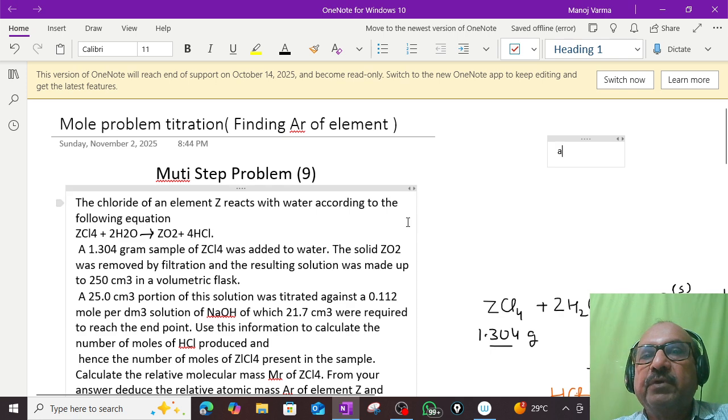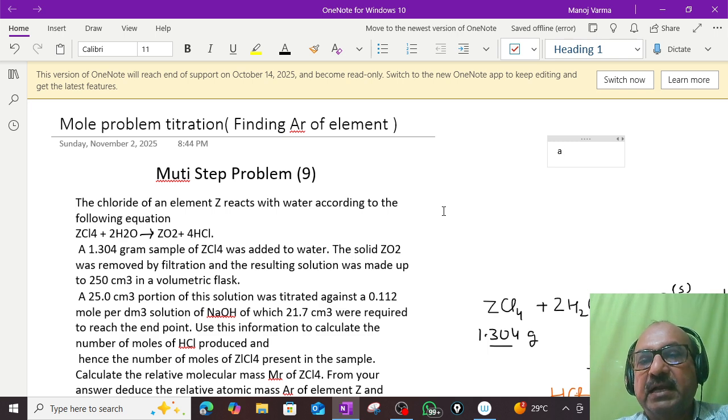In this particular video I am going to solve a numerical problem which is based on moles, but it's a multi-step problem and it may carry up to 9 marks, so it's sometimes very overwhelming for the students because it's a long question, and when they read the question they find it difficult to understand from where to start and how to go about solving the problem.